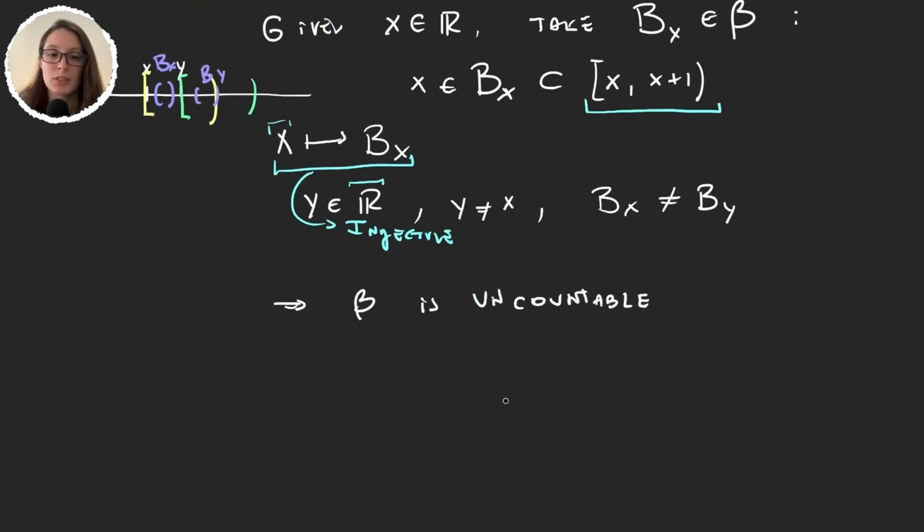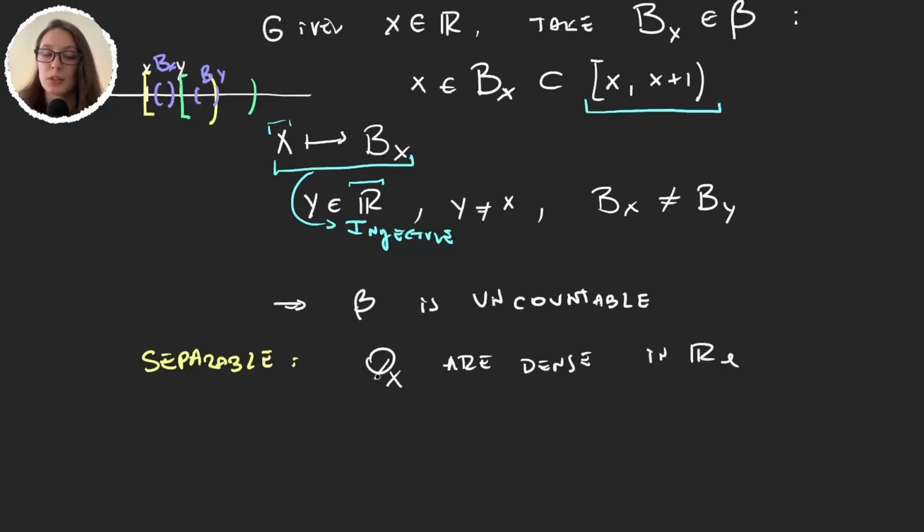Now let's see if it's separable. It's very easy to see that the rational numbers are dense in RL. And obviously the rational numbers are countable, so this would mean that the space is separable.